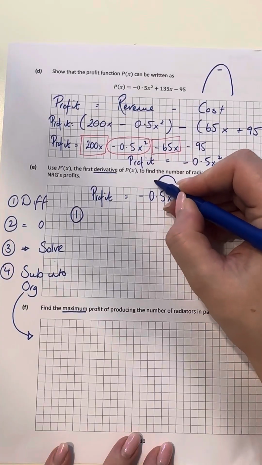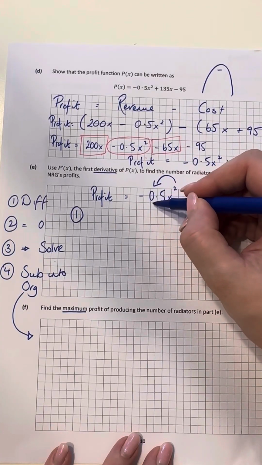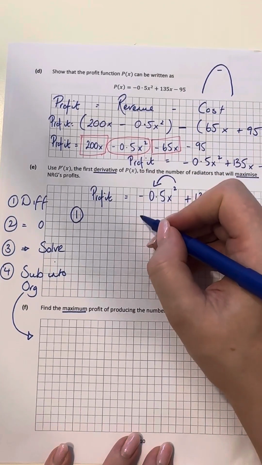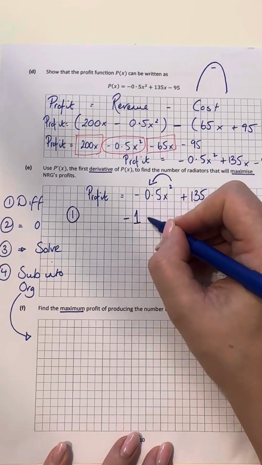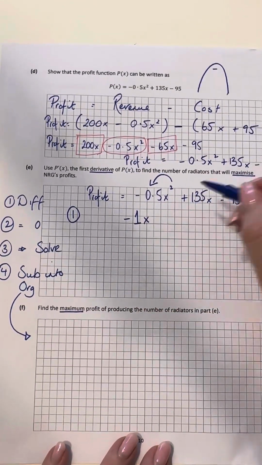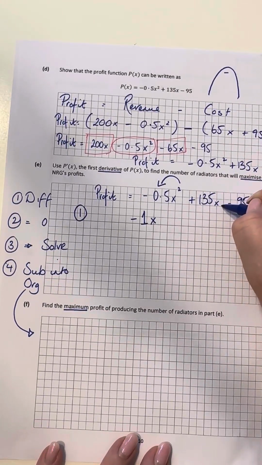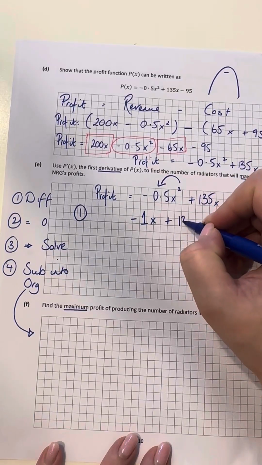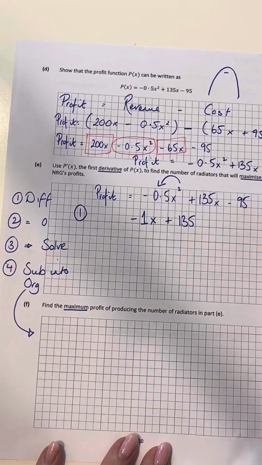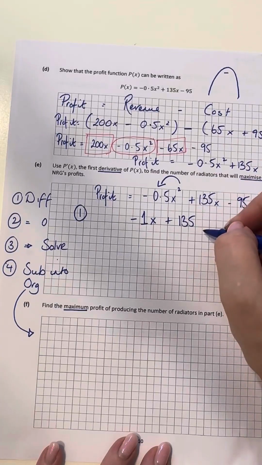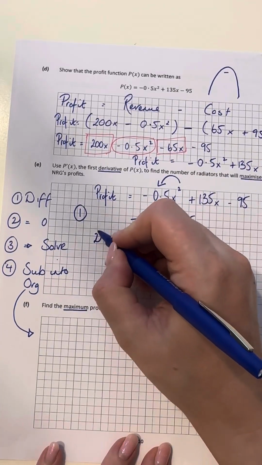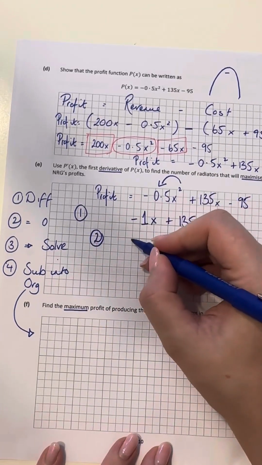2 times minus 0.5x, that is minus 1x. You reduce the power by 1. Plus 135x, we know the x just deletes, leaving me with 135, and the number deletes. Step 2, I let that equal to 0.